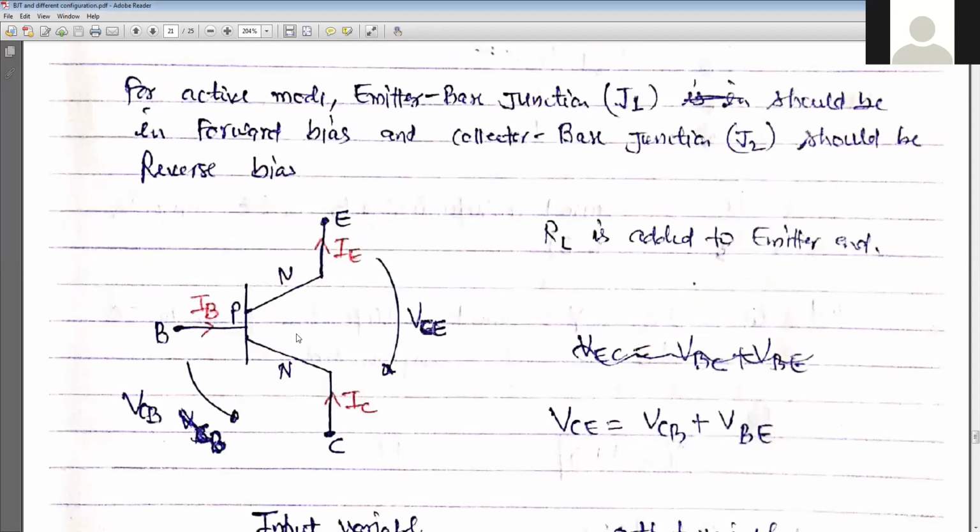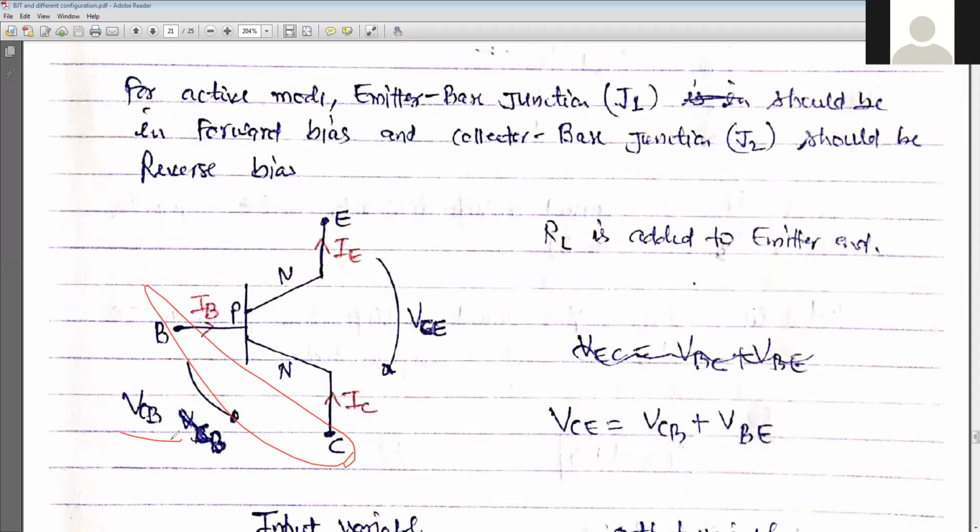What I was talking about is when I should write VCB and when I should write VBB. When I say base to collector, the voltage across the base and collector ends is called VCB.